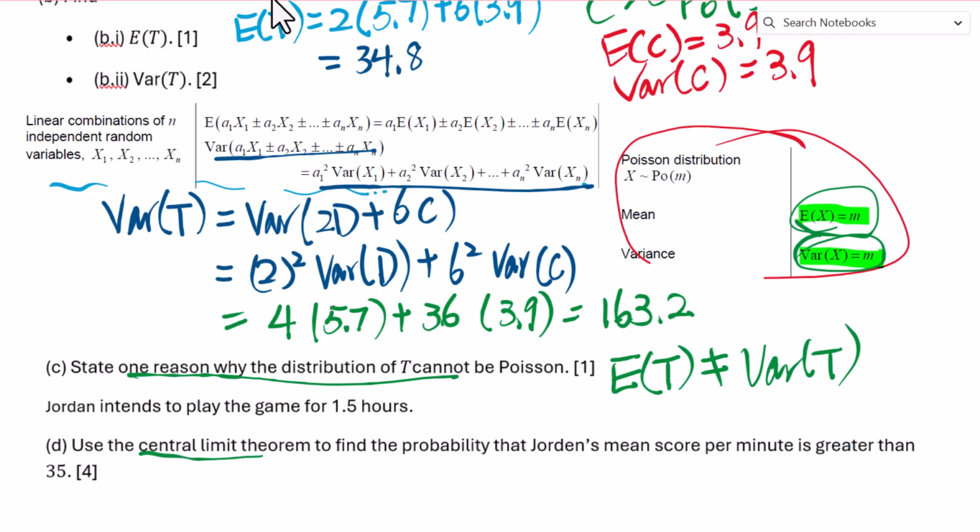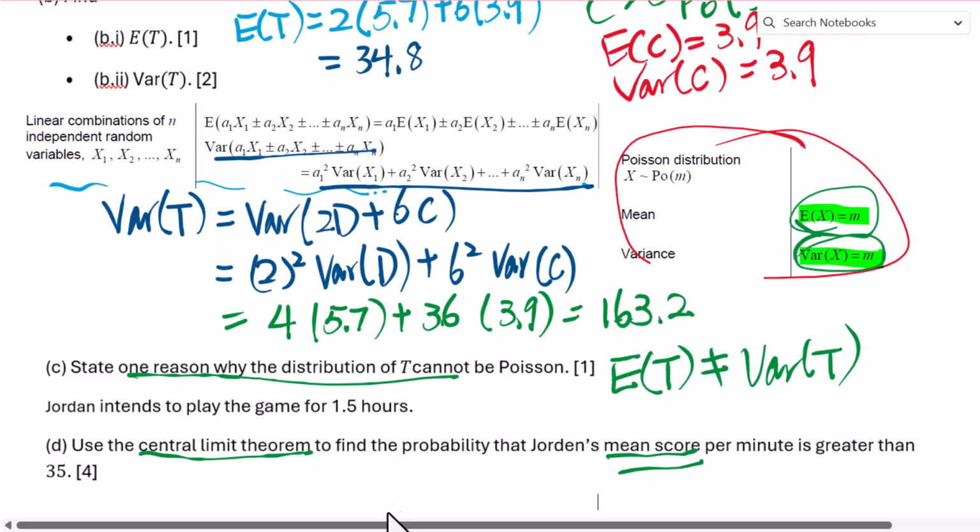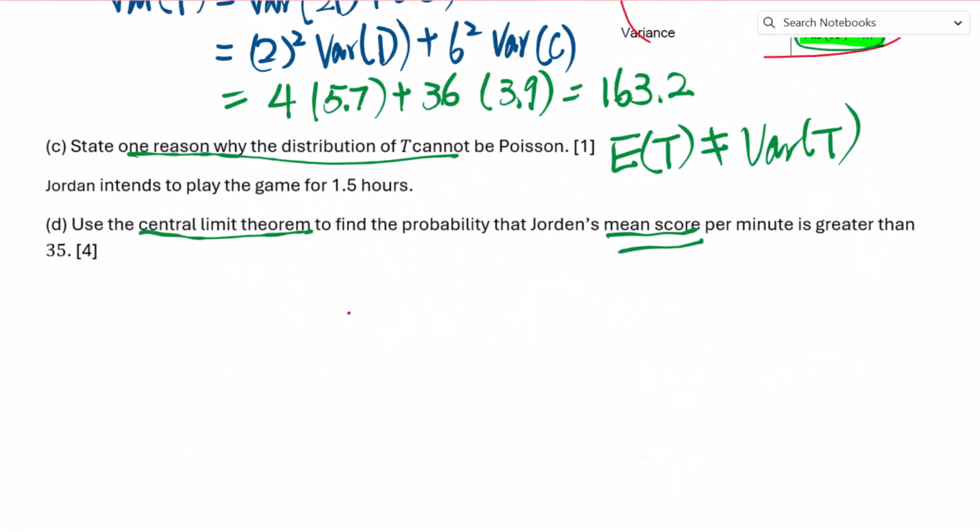Jordan intends to play the game for 1.5 hours. Use the central limit theorem to find the probability that Jordan's mean score per minute is greater than 35. For CLT, here's the rule.